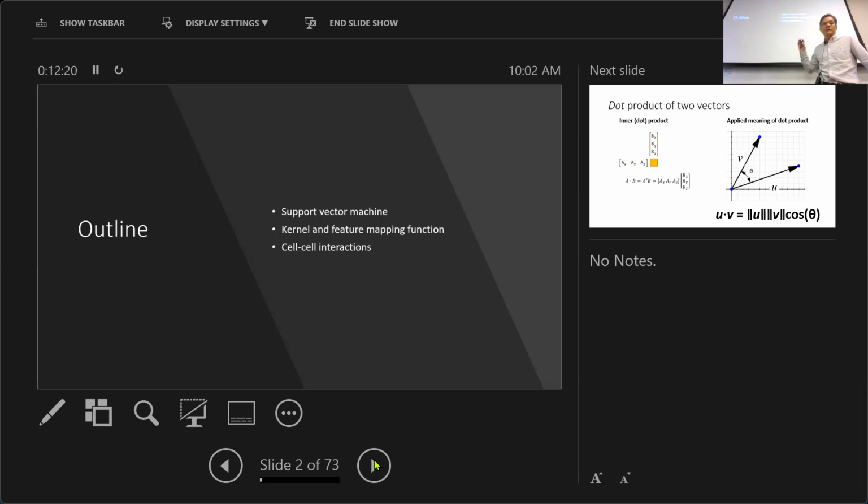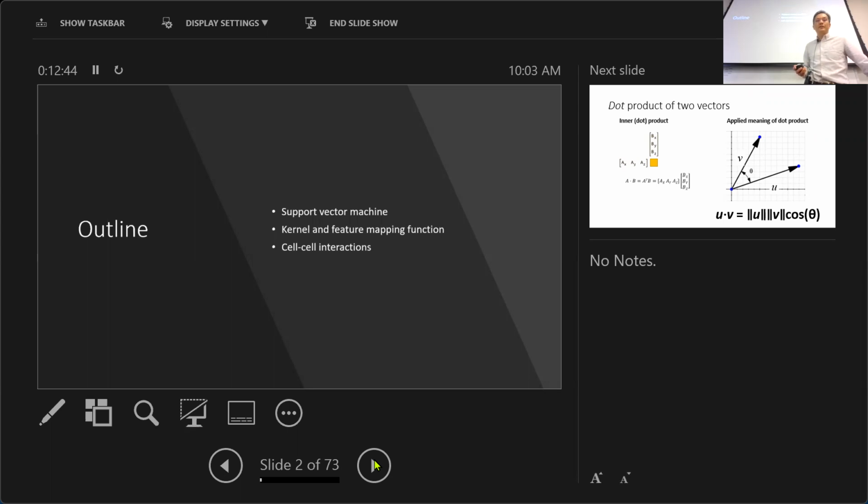But the next topic is really relevant to what we are doing right now, cell-cell interaction analysis. So I will explain to you the principle. What's the idea to use single cell data to look at cell interaction between different cell types?